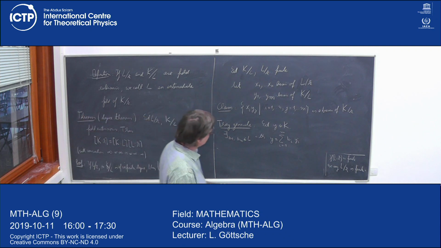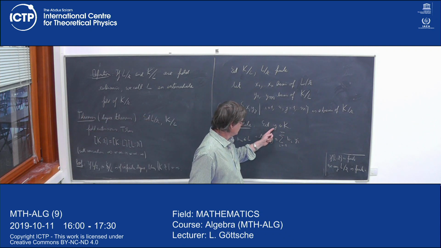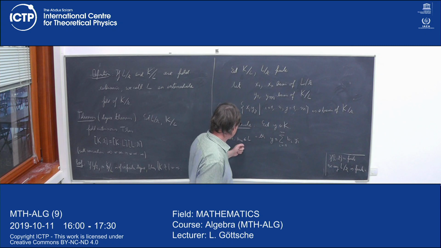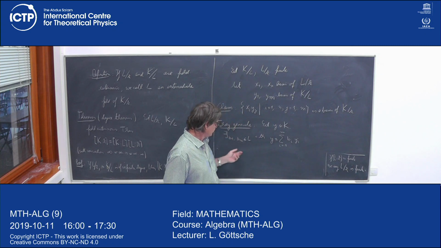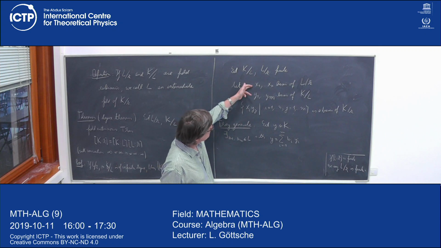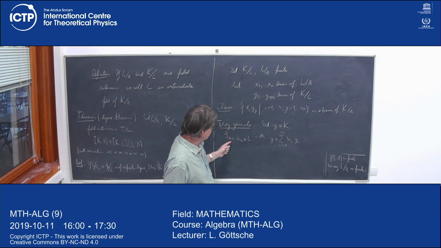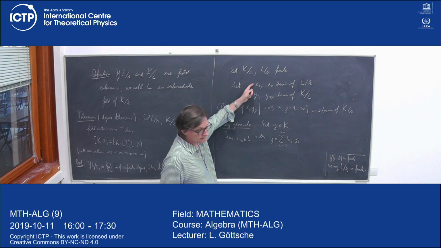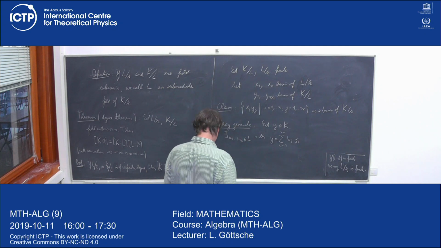Now these bj are elements in L, so each of them can be expressed in terms of the basis elements of L over k in the same way.